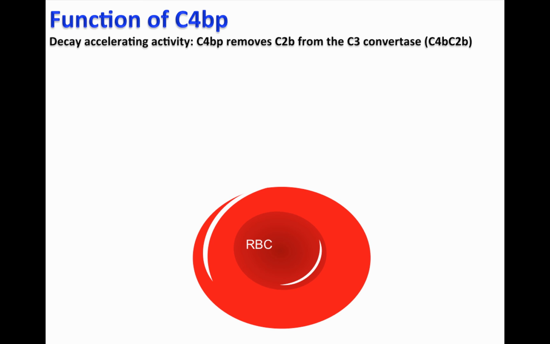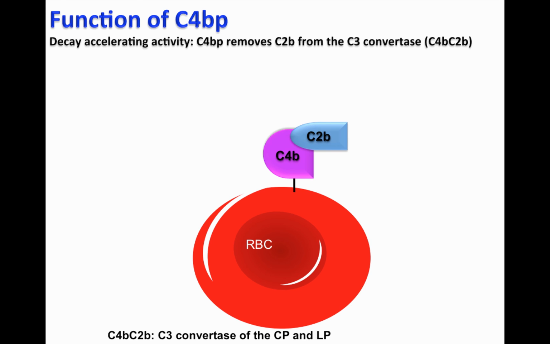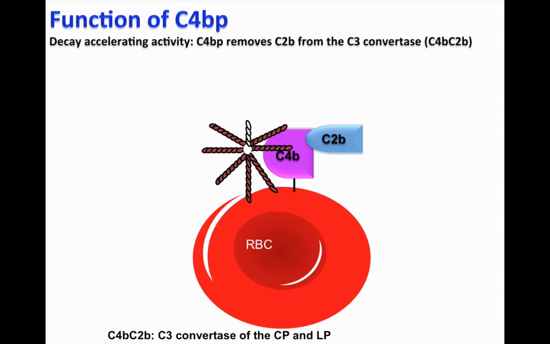In addition, C4 binding protein has a decay accelerating activity. If the C3 convertase of the classical and lectin pathways are formed on the cell surface of red blood cells or host cells, C4 binding protein will recognize it. C4 binding protein will remove C2b from the C3 convertase.